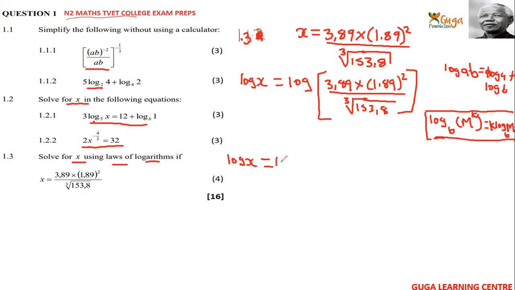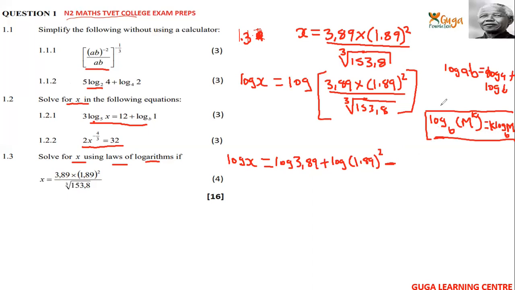Okay, so that's going to be log of 3,89 plus log of 1,89 squared, right? So here, because you have got a quotient, the numerator and denominator, it means when you are dividing, you have to subtract, like what we're doing with exponents.